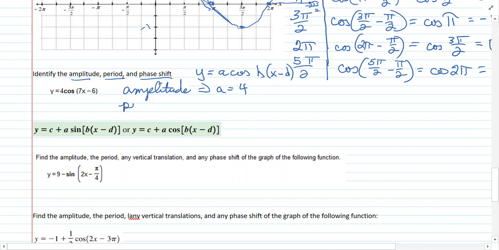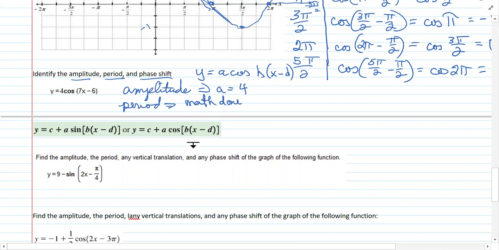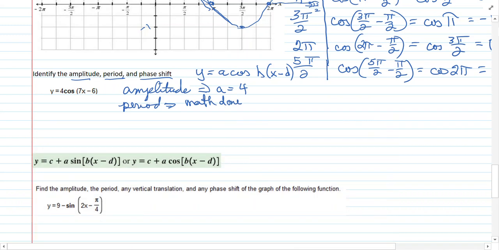The period, we have to do the math. So let's do that. So I'm going to have y equals 4 cosine bracket. I'm going to factor out the 7, x minus 6/7.